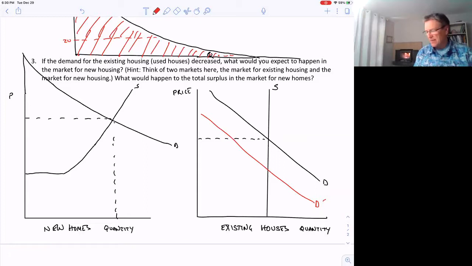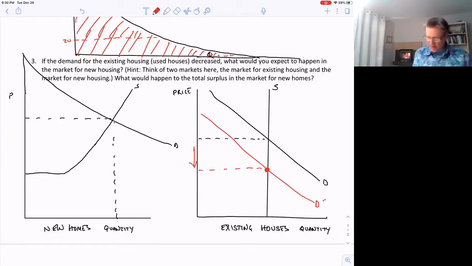That might make the demand fall. Whatever the reason is, we have a new equilibrium, a new price for homes, and the prices fall, at least in the short run.